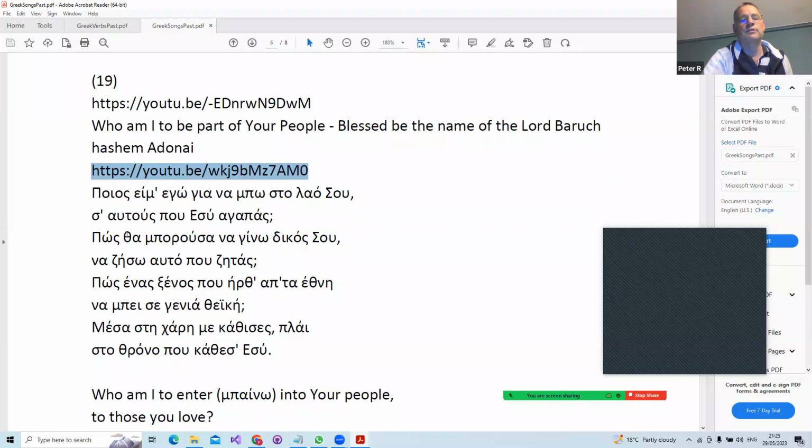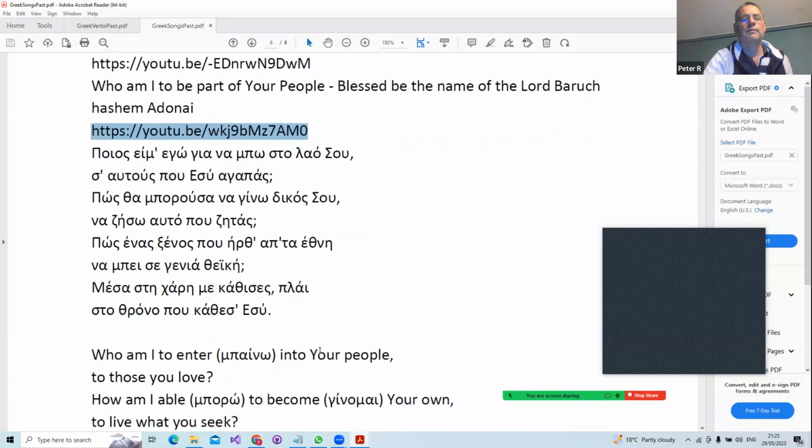So this is past, and this has got the tha on the front. So how would it be that I am able, this is, to become yours, strong version of yours. And then we had some of the irregular verbs. So this is bo. We had bo and bika. So this came from the verb bene, which was to go in or to enter.